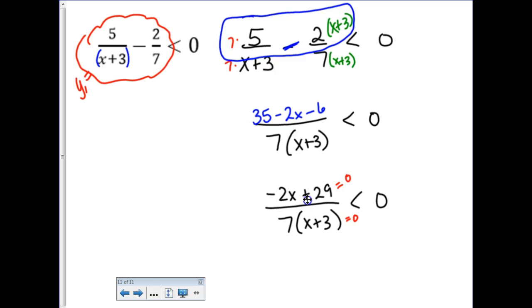Can you see that on your calculator? Not probably in the window you're looking at, so could you extend your window back a little bit and confirm for me that it does cross the x-axis at positive 14.5 or 29 over 2.